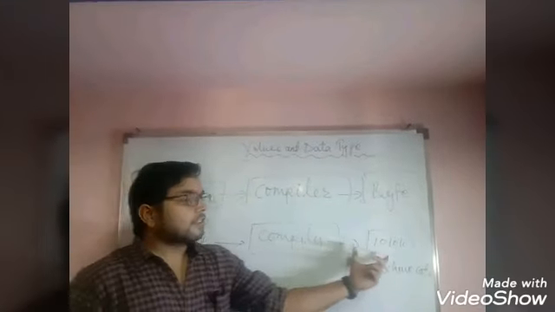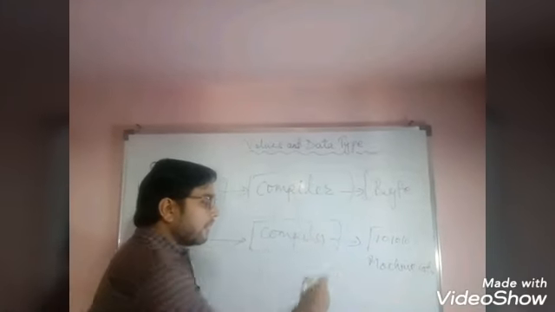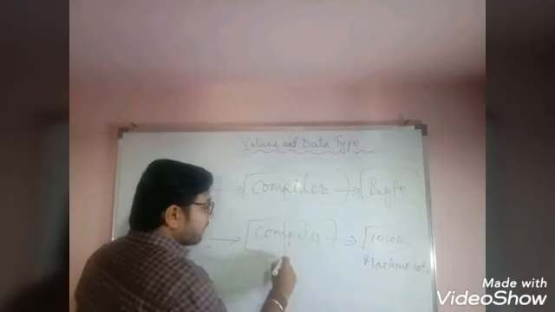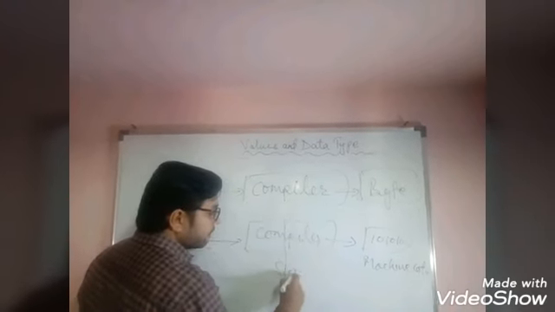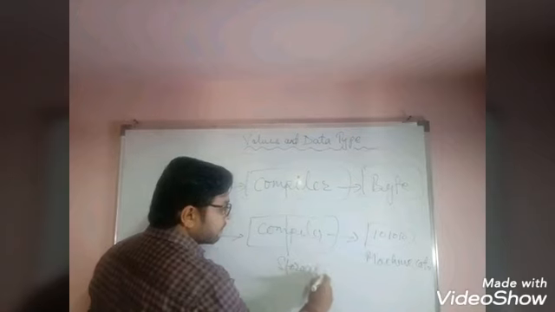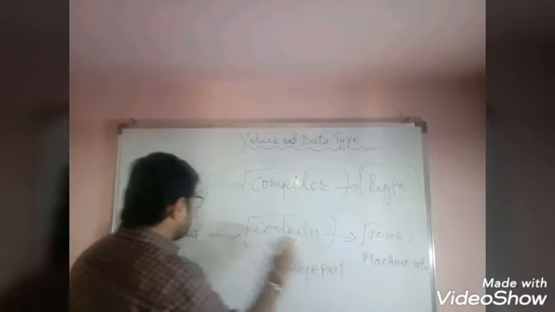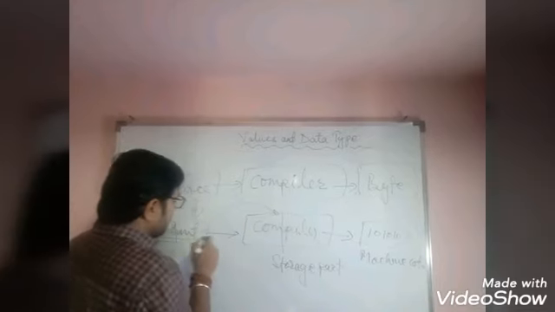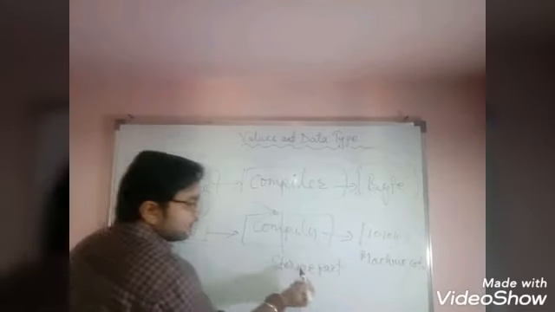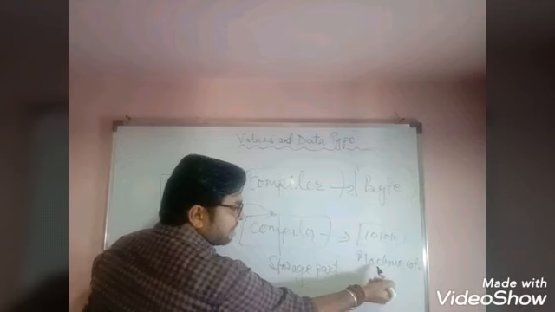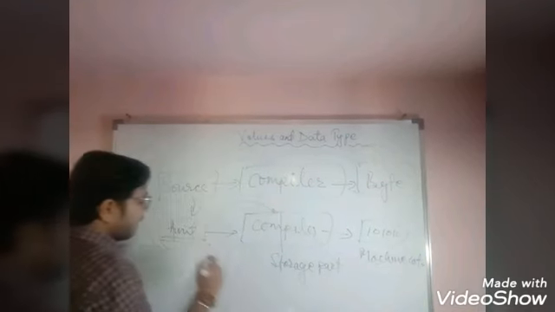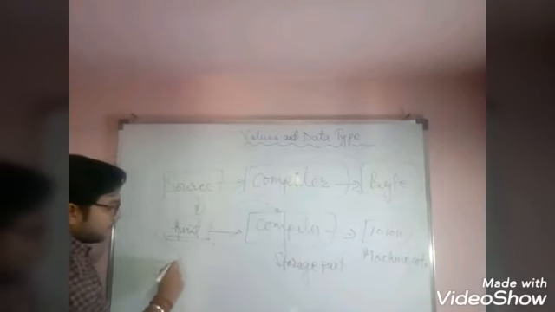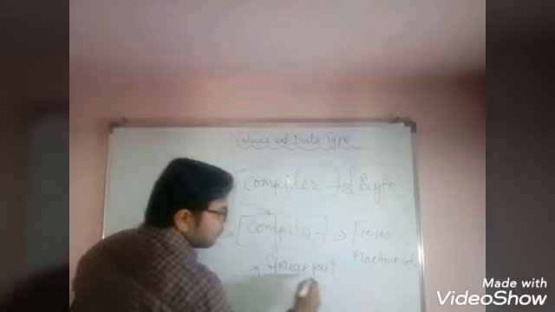For converting this source code into bytecode, the compiler has a storage part. So if you are entering Amit, then the compiler converts this whole word into machine level language, that is machine code. And if you are entering 1, then the compiler again converts this source code into machine code.